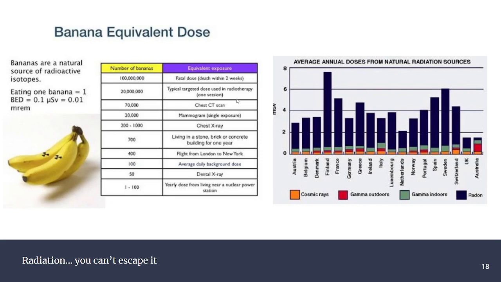So it does make a difference, and that's why radiation workers, if you get an X-ray, the guy goes and hides behind a shielded area. It's because you don't want to be sitting here getting this ionizing radiation every day, because you're going to reach your limit really quickly. Then you have an average daily background dose of 100 bananas.